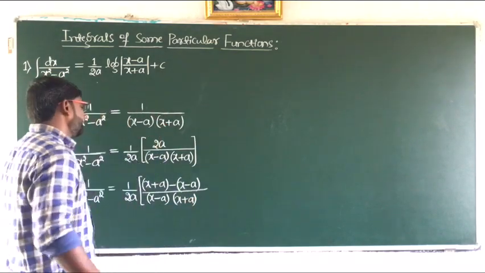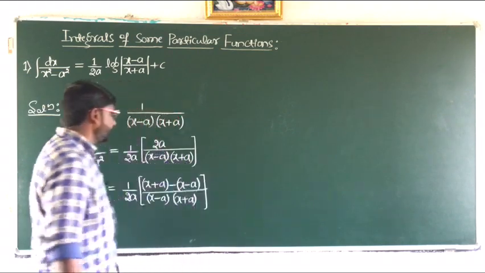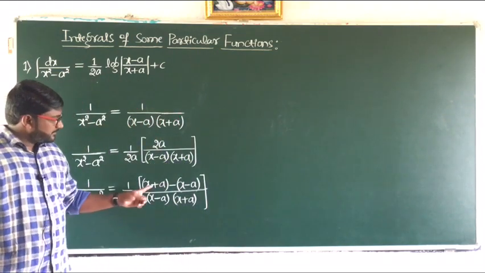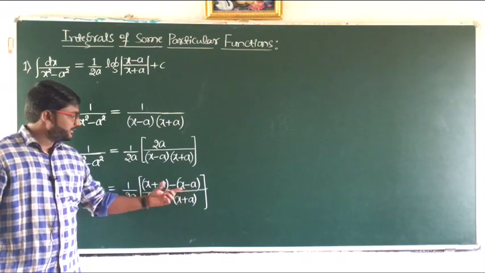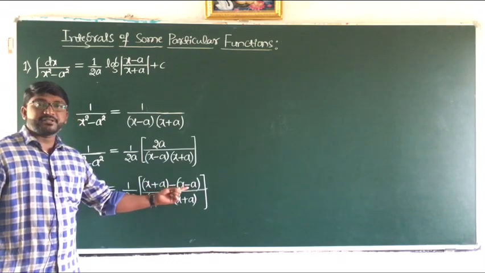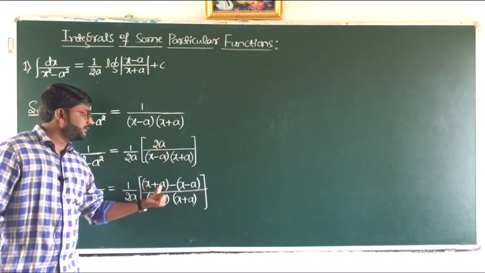Now plus x minus x gets cancelled if you multiply minus inside, and minus into minus is plus a, which will be 2a. So 2a I have written in this form.